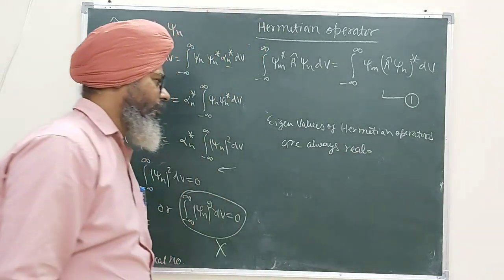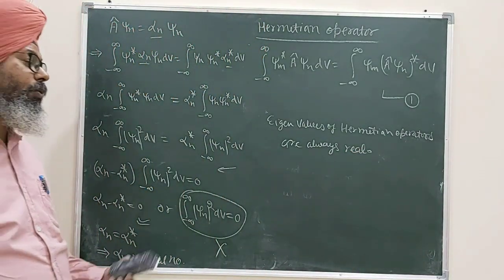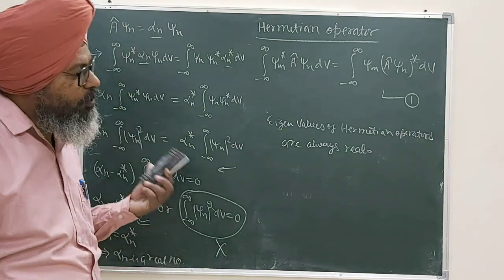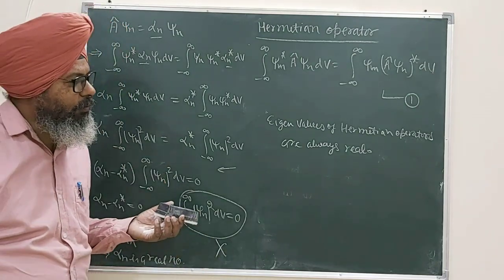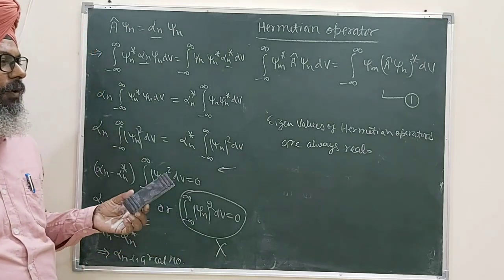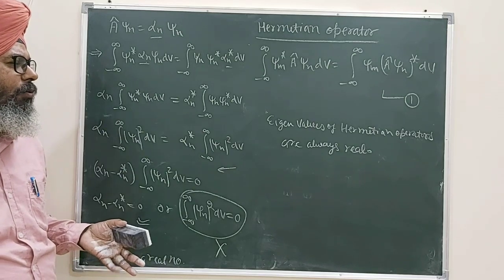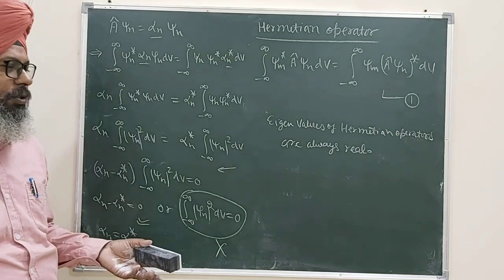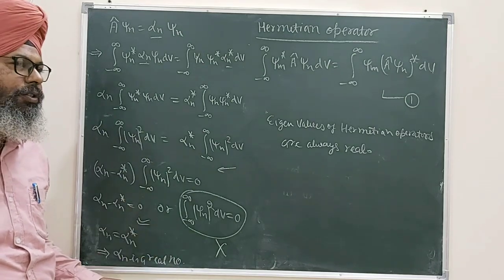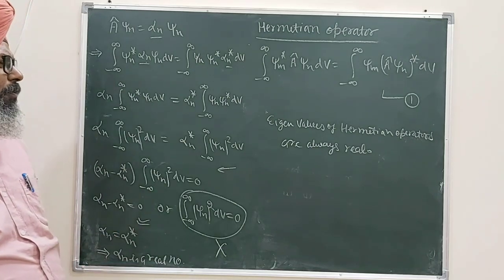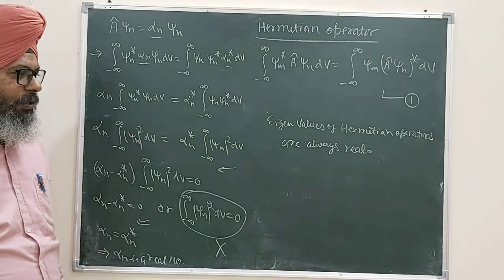So this is a very good property of Hermitian operators, because we will always be solving the Schrödinger equation, and we will then be getting some wave function, and then we would be interested in calculating various parameters of the system like position, energy, momentum, linear as well as angular momentum, and other physical parameters of the system.